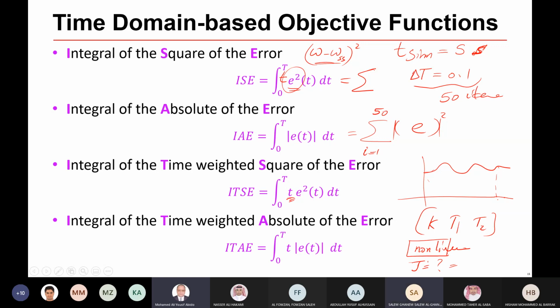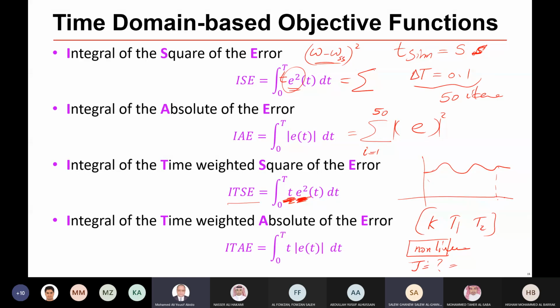Yeah, it's regarding the time incorporation of the ITSE, for example. Can we say that it works on the settling time and overshoot as well at the same time, to minimize both settling time and the overshoot magnitude? Yes. This is the overshoot, or this is the deviation, and this is the settling time. Okay, so it's as if we have multiple objectives in this case. Yeah, you can say this.